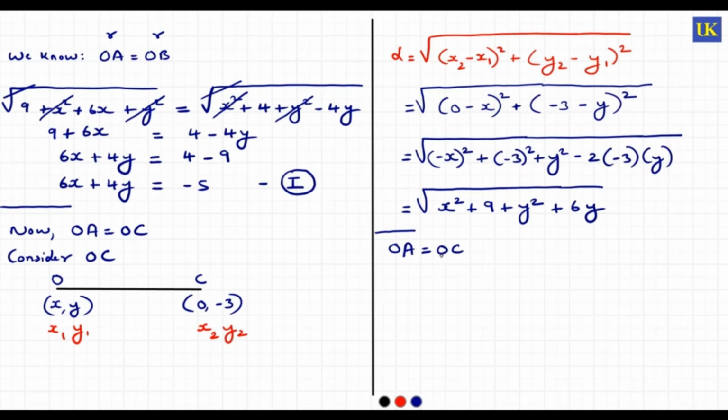Now what we will do, guys, now we will say that OA should also be equal to OC, because OC is also radius and OA is also radius, right? So OA is equal to OC is what we will do, and so I will write the values of OA and OC now.